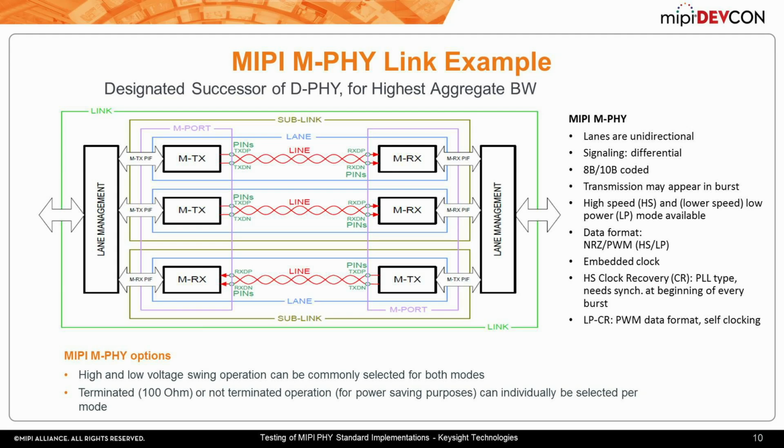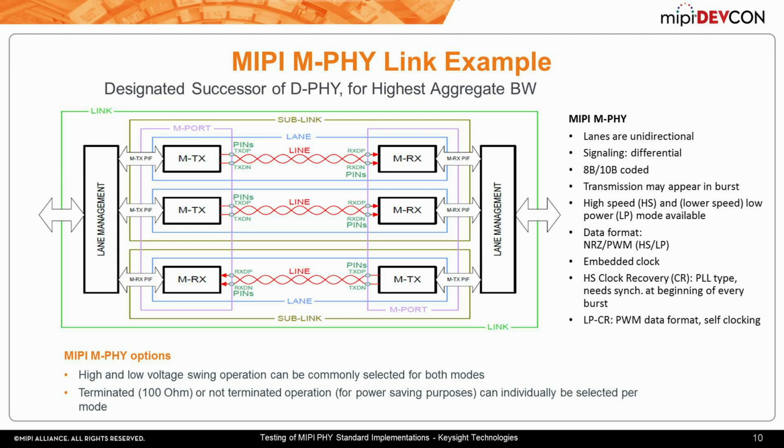It is a differential 8b10b encoded interface here. For many interfaces, and I don't think it's for all, actually, well, it might be for all, we also have a receive direction as well for M-PHY. And so we have both a transmitter and a receive function in the port here.